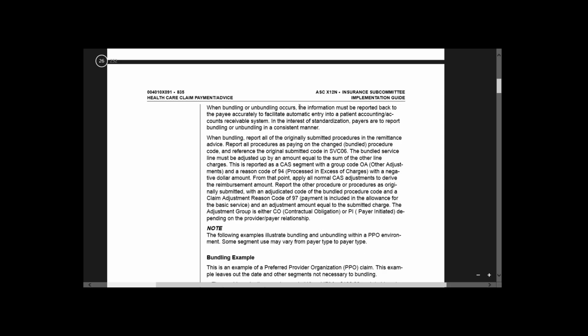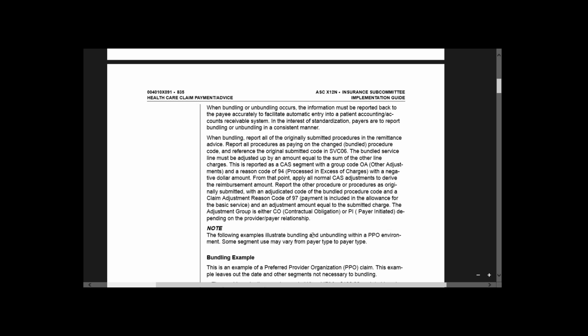So in bundling, 3 procedure codes got submitted and the payment is done cumulatively together; that is a bundled claim. In that case the claim system is going to insert additional lines and make the payment.